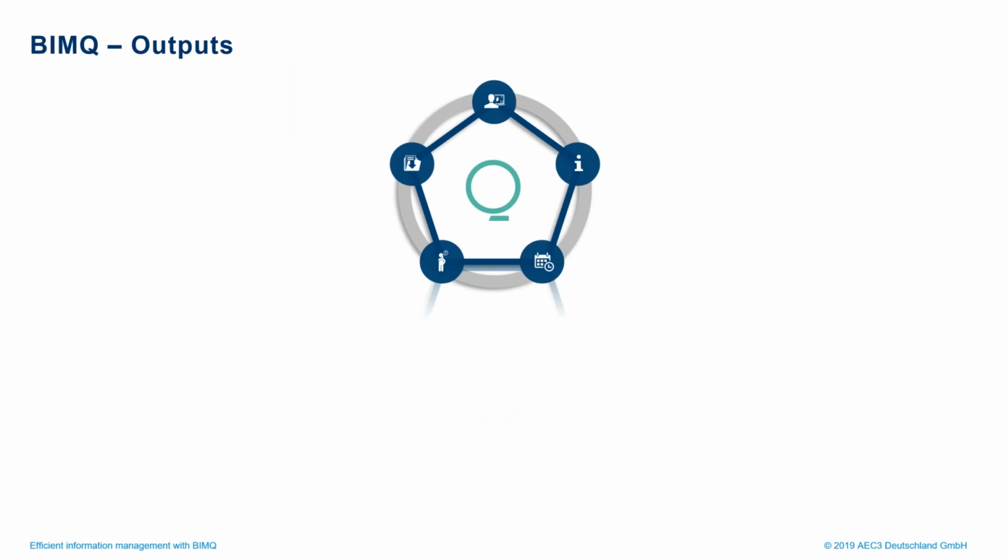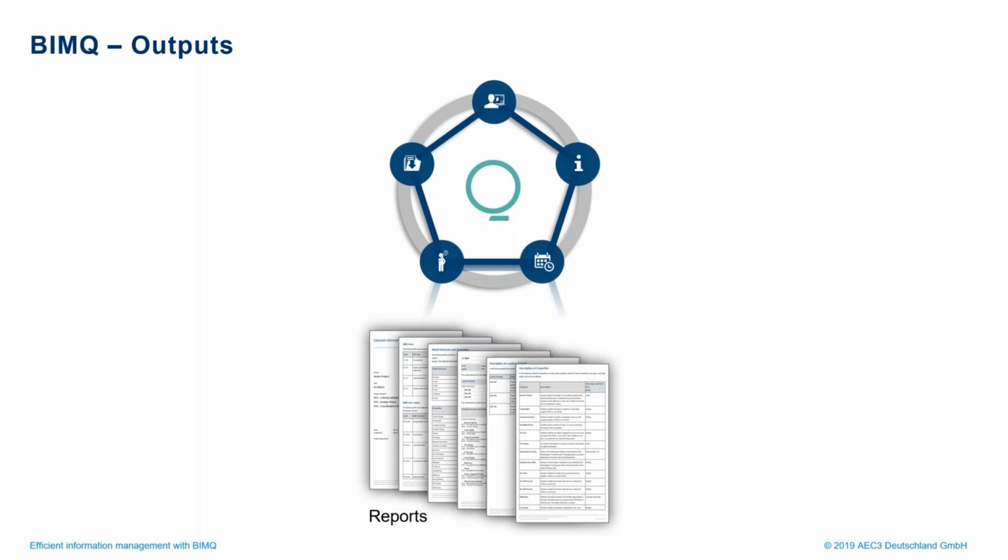Here you can see the BIMQ outputs. One output are the reports. So all requirements can be exported and can be used, for example, as an appendix for the EIR.